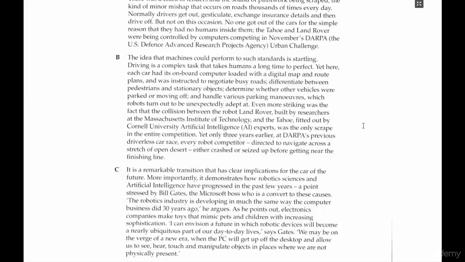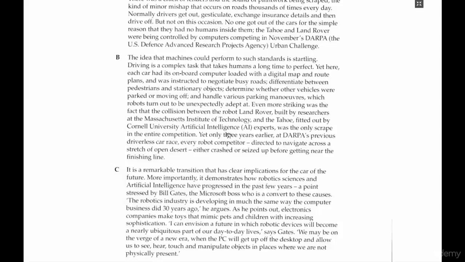All right. Now, also, let me point something out to you. If you notice something, this last sentence starts with the word yet. Right? It starts with the word yet. And so actually it says yet only 3 years earlier. So really what you should do here is read your first sentence, and then go to your last sentence. When this sentence starts off yet only 3 years earlier, you should go back and look at the sentence before that. Okay?